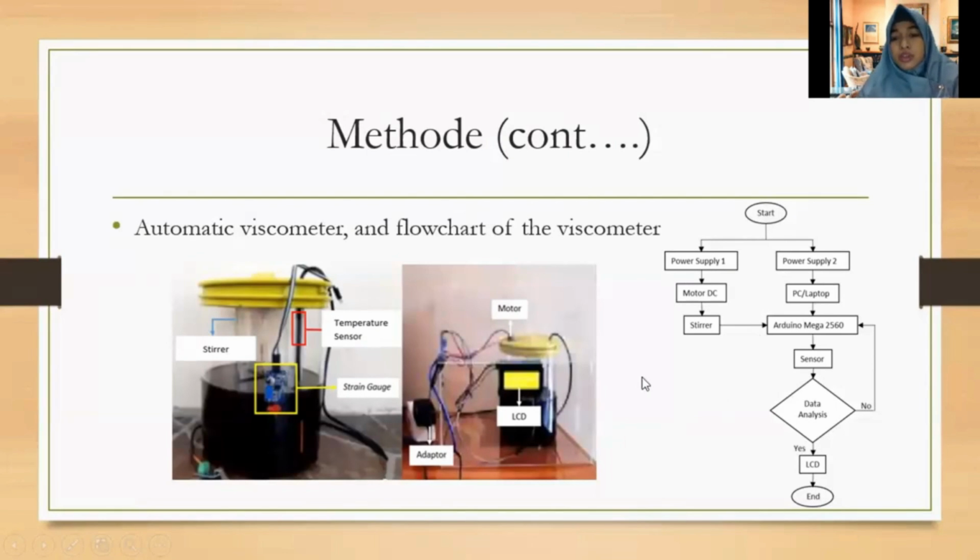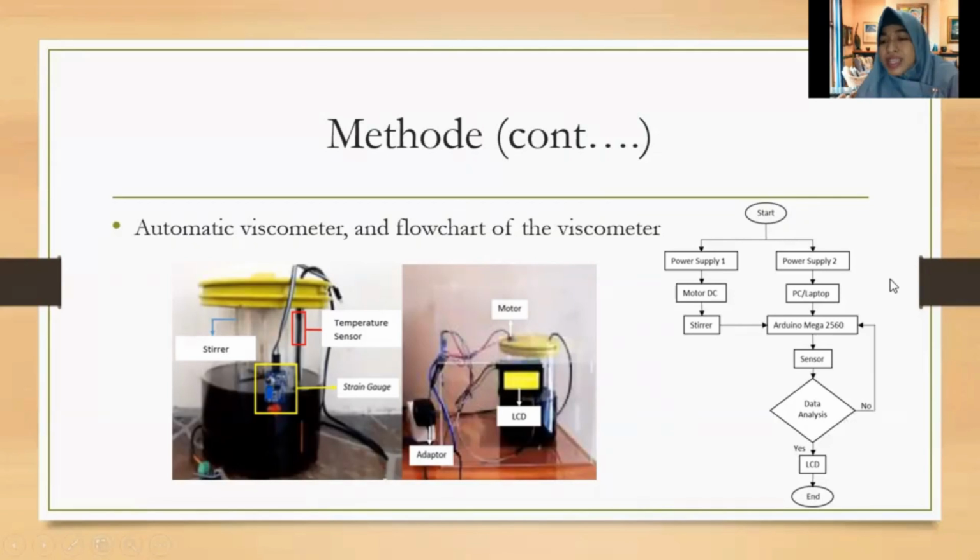We use a microcontroller, an Arduino Mega 2560, to control the sensors. In the design of the viscometer, the tool has two kinds of power supply: power supply 1 and power supply 2.